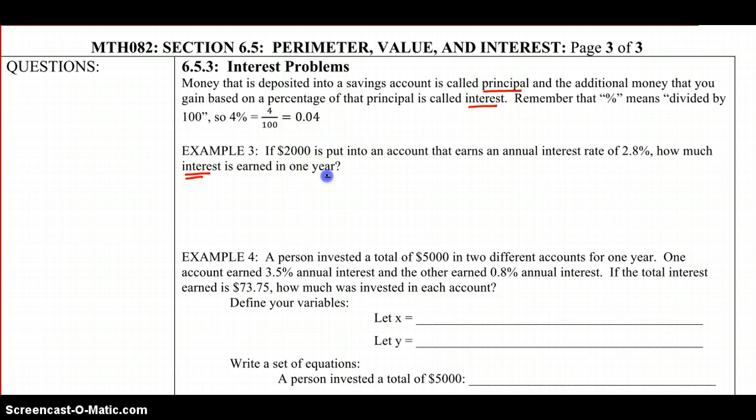So we want to know what is 2.8% of the $2,000 that we put into the account. 2.8% means 2.8 divided by 100. Of means to multiply, and $2,000. If we take 2.8 divided by 100 times 2,000 on our calculator, we get $56 in interest.